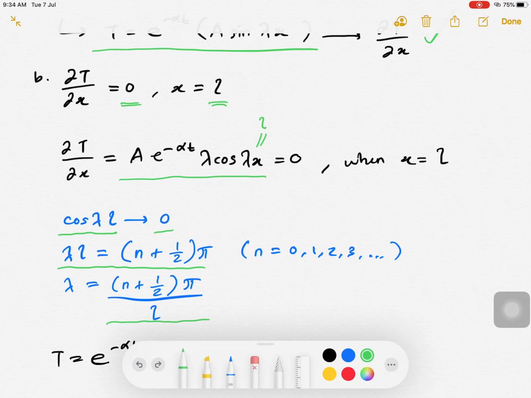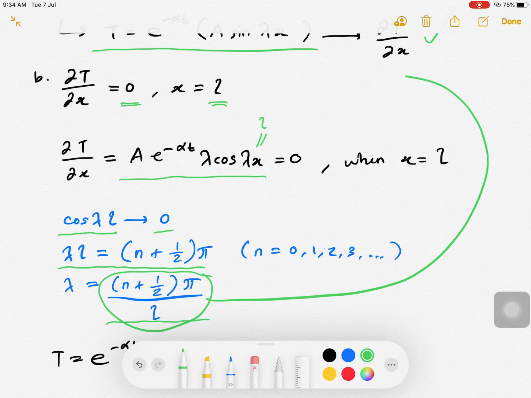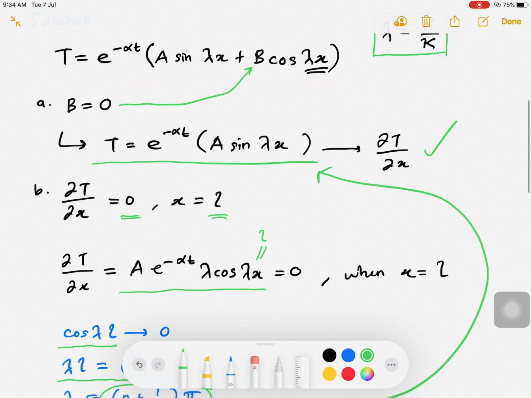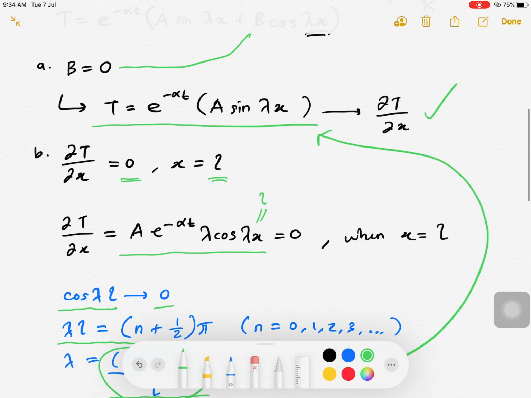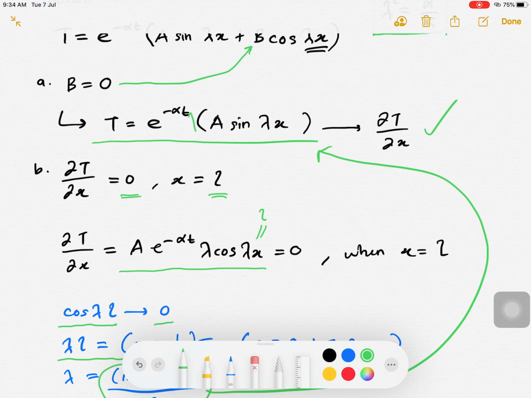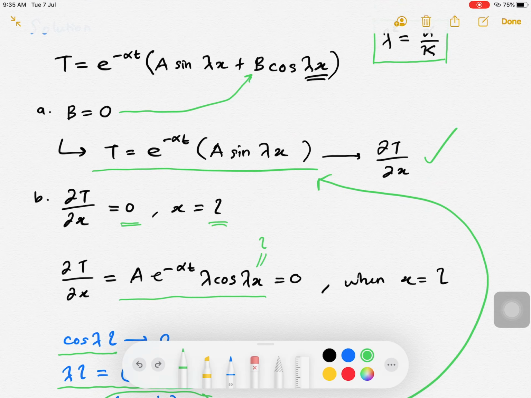Actually, we put this formula back to above right here, before we do the differentiation. So that's why we don't have a small lambda right here. So when we put back the lambda inside here, we can have the updated solution.